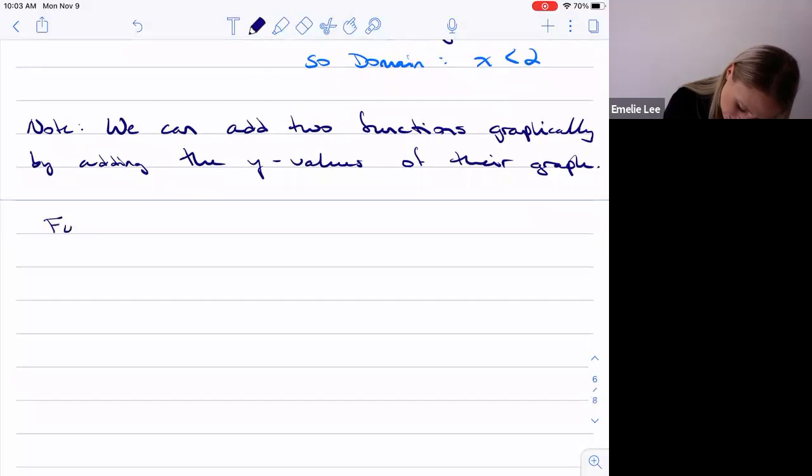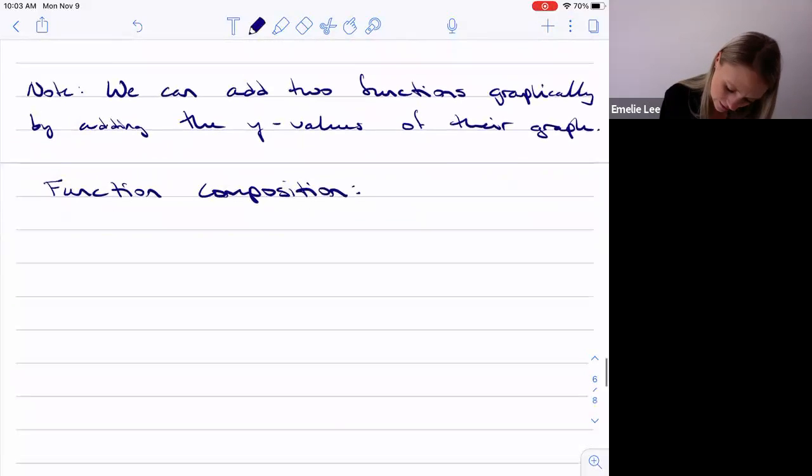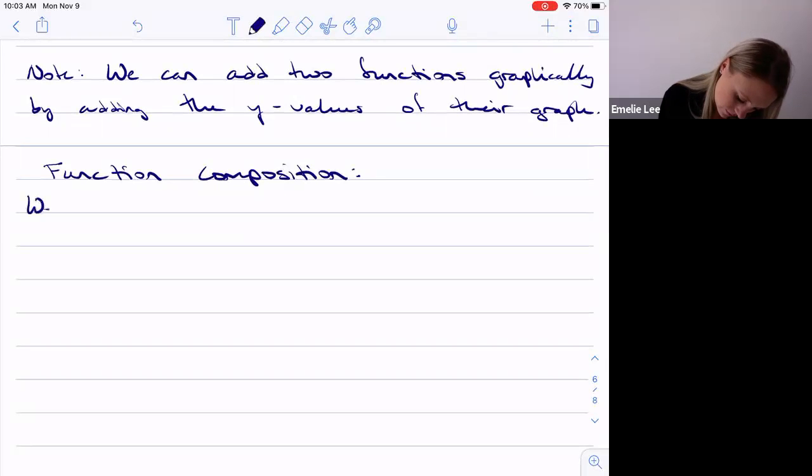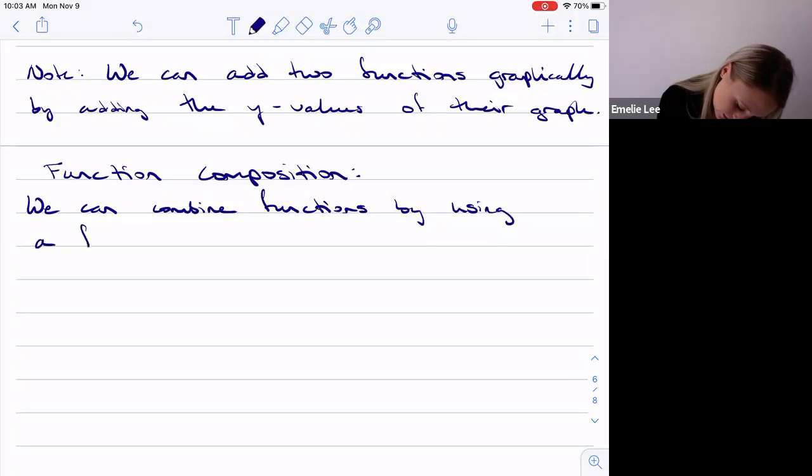So function composition. We can combine functions by using a function inside another function.